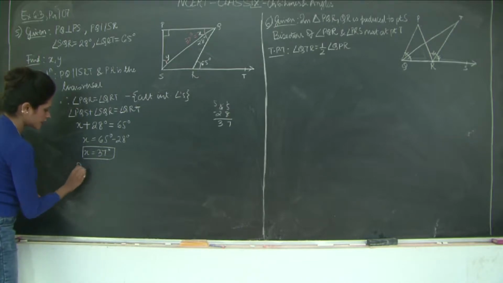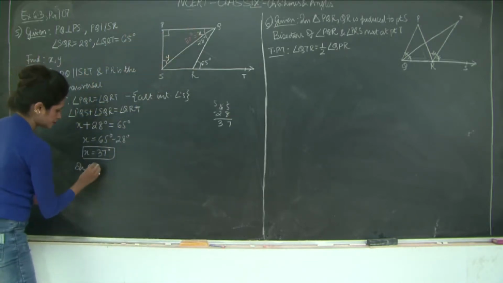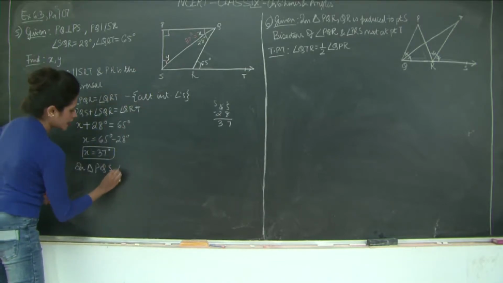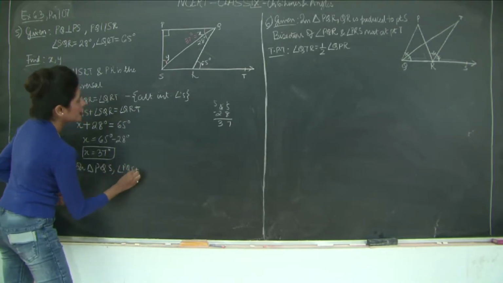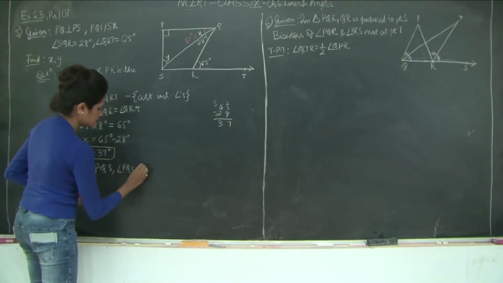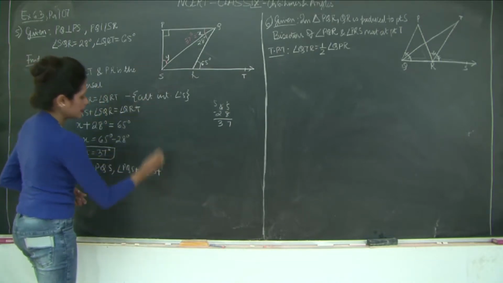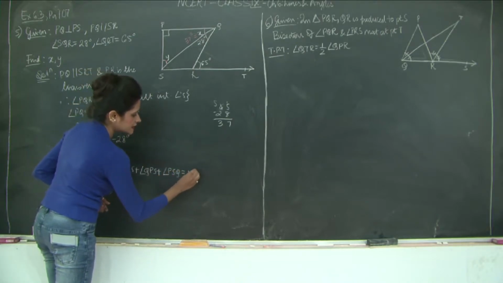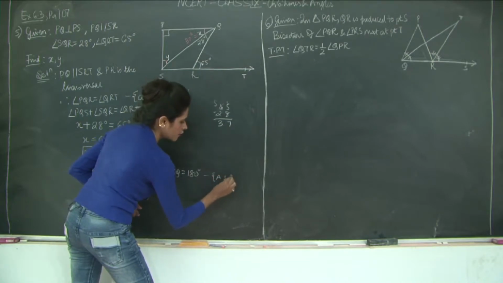Now, in triangle PQS, what do I have? Angle PQS plus angle QPS plus angle PSQ is equal to 180 degrees through the angle sum property of triangle.